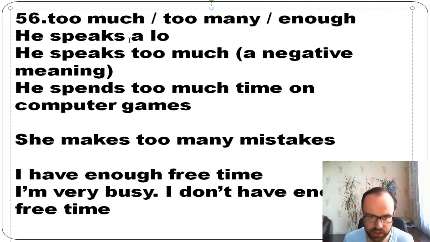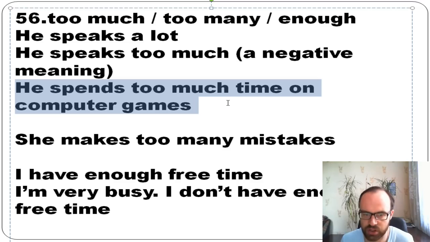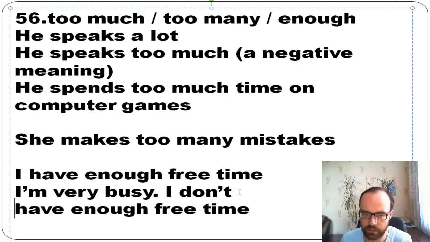Maybe it's good, maybe it's bad, but too much has a negative meaning. Too much and too many, these structures have a negative meaning. He spends too much time on computer games, so it's bad. She makes too many mistakes, it's bad. I have enough free time. I'm very busy. I don't have enough free time.